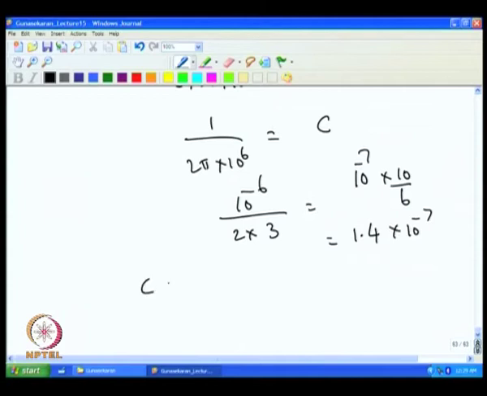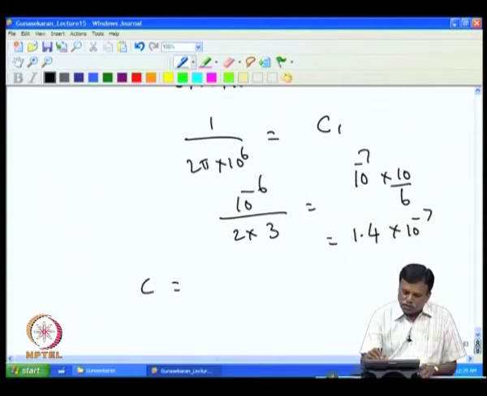So, the C value, C out, comes to be 0.14 microfarad.